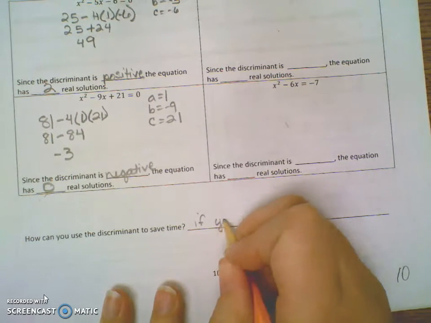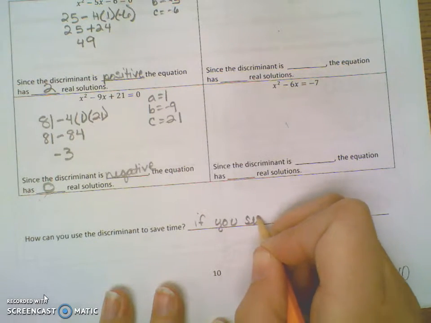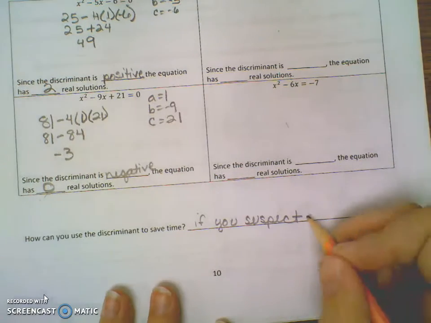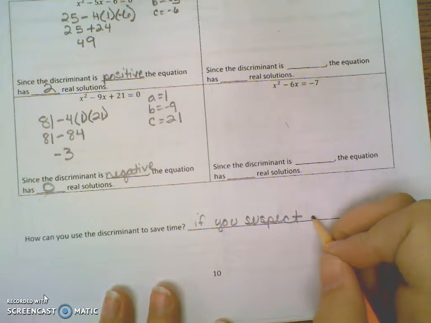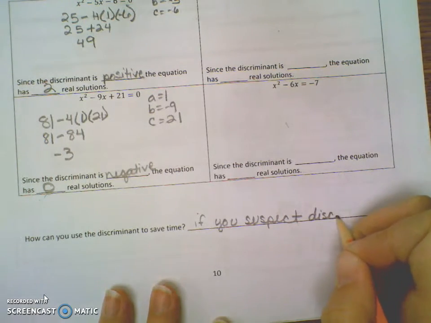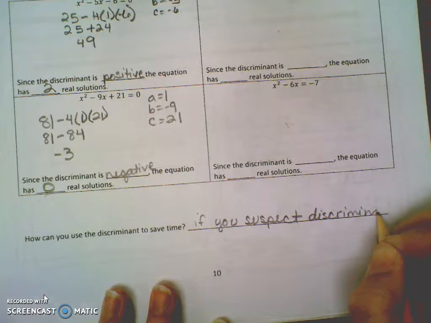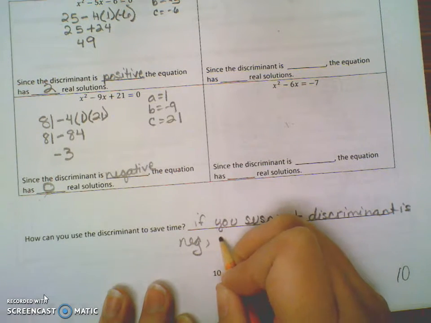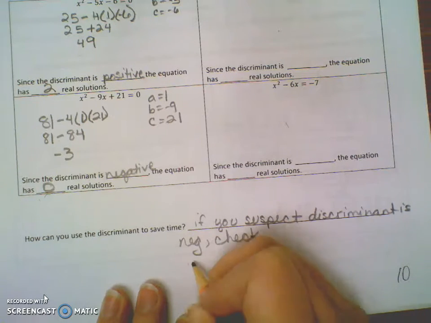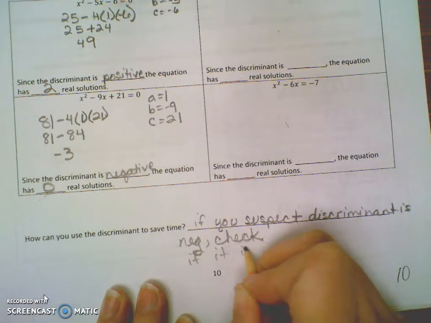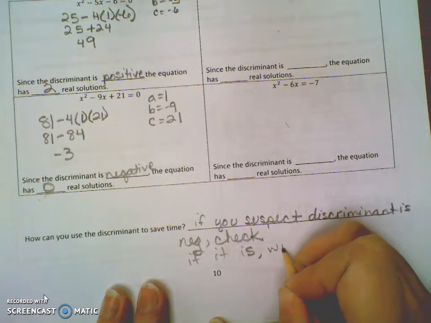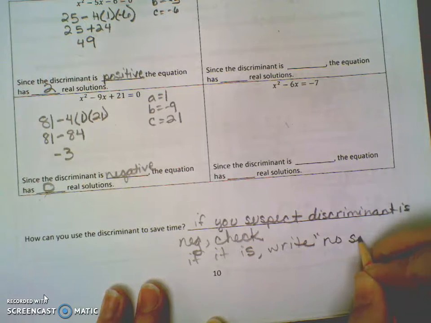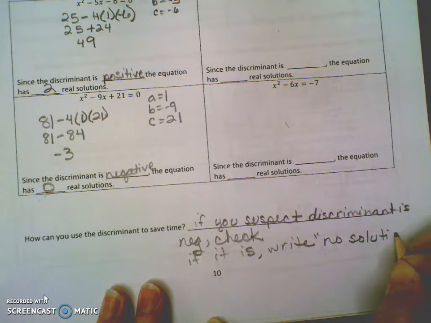So if you suspect the discriminant is negative, which you'll get better at understanding, then you check. If it is, you just write no solution, and you don't have to solve anything else. If you find that it's not negative, then you have to go back and calculate.